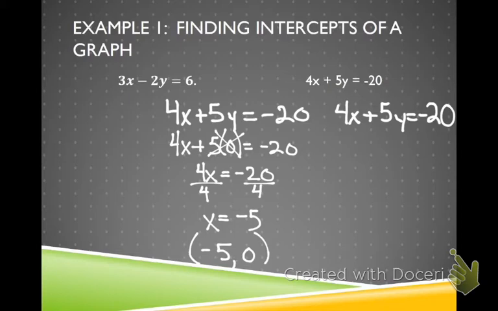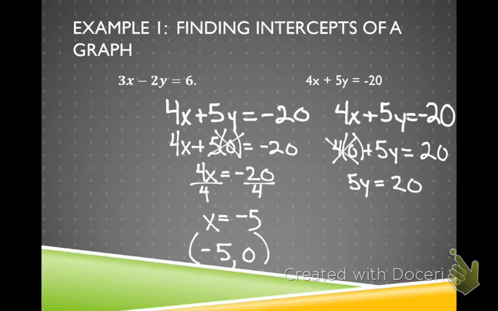Now on the second one, if I'm solving for y, what do I substitute for x? 0. Now I have 5y equals negative 20, so y equals negative 4.